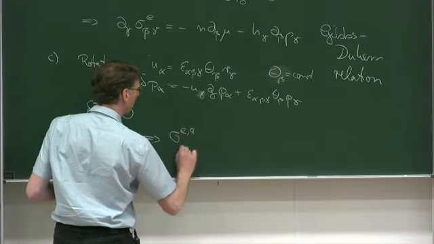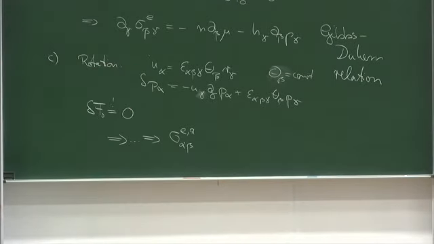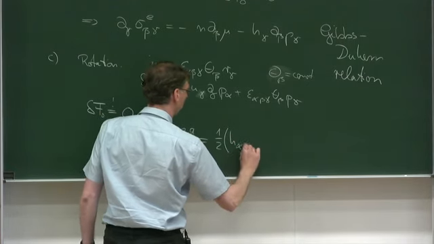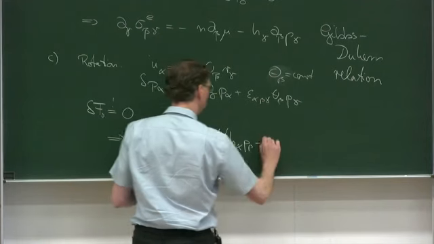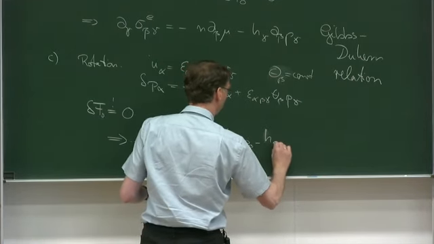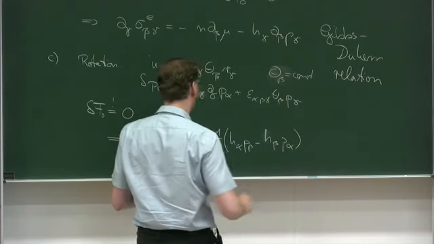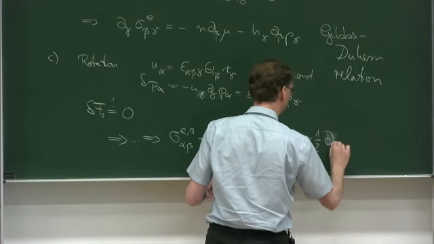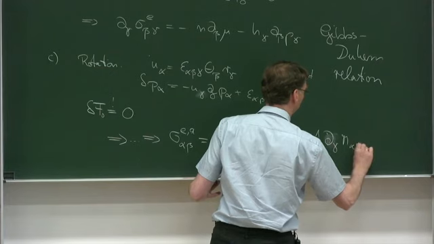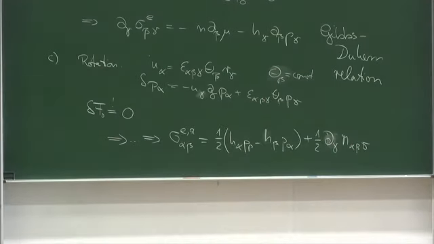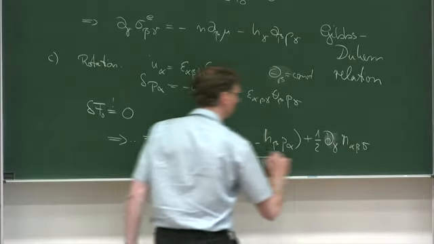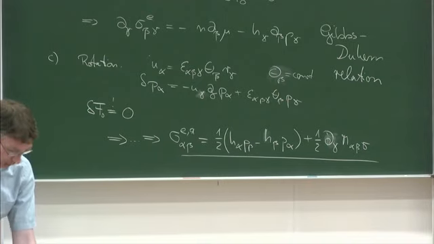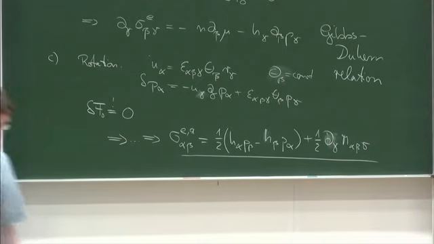So this gives me the antisymmetric part of the Ericksen stress, and this is given by 1/2 times h alpha p beta minus h beta p alpha plus 1/2 of d gamma m alpha beta gamma. And that again, so this is a relation that I'm also going to use in the following. I hope I have put in the right signs, but I think so, yes.